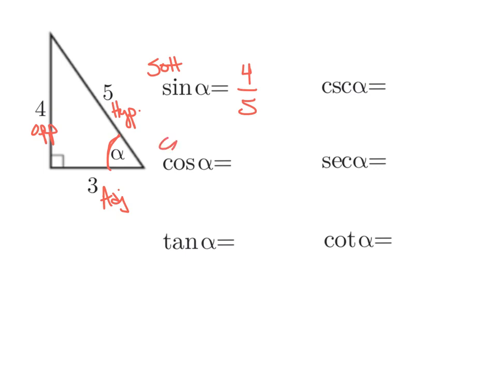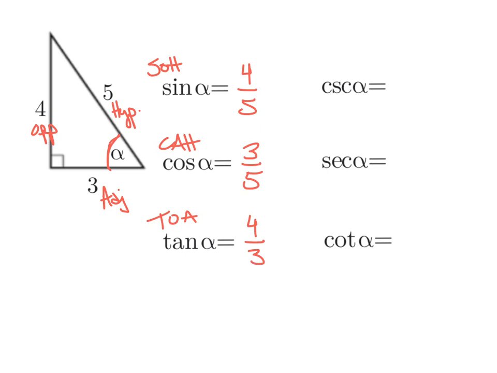Cosine, the CA is adjacent over hypotenuse, so adjacent is 3 and the hypotenuse is 5. And for tangent, we remember TOA. Tangent is opposite over adjacent, so opposite is 4, adjacent is 3.